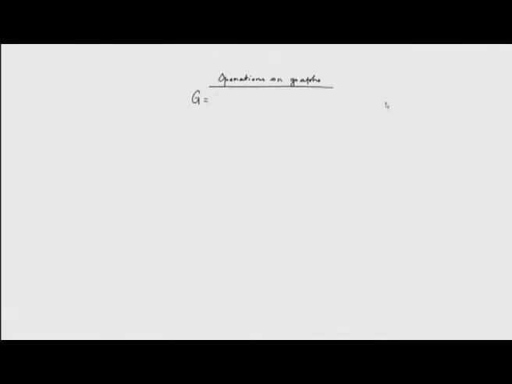When we have a graph G, we will consider it as an ordered pair of the set of vertices and set of edges. We can be even more specific and write V(G) and E(G). V(G) is the set of vertices of the graph G and E(G) is the set of edges of the graph G.